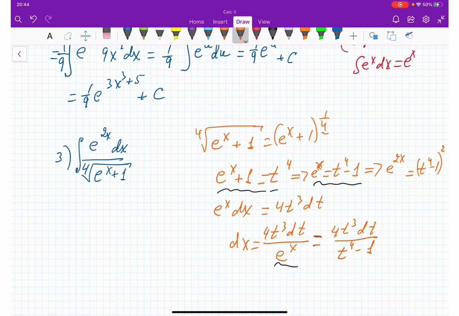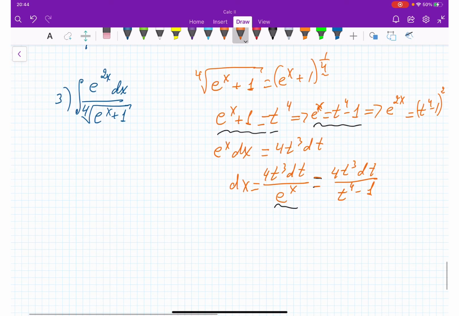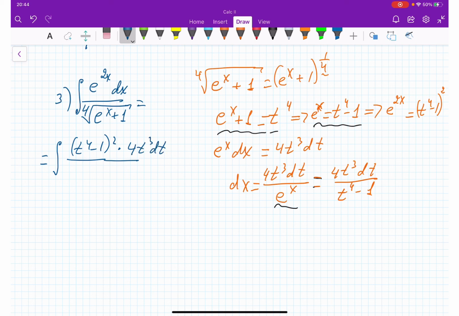Okay, now let's write out everything. Here we have the integral: e to power 2x is t to power 4 minus 1 squared, and then dx is 4t cubed dt divided by t to power 4 minus 1, right?